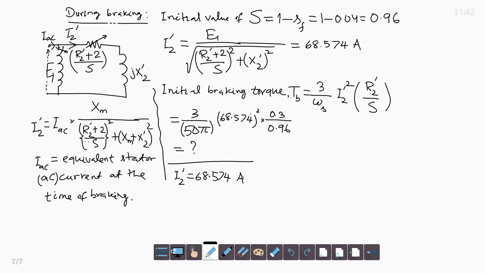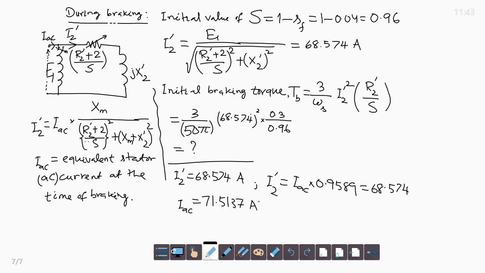So, using this expression you have I2 dash equals to IAC, and compared to this point, this is 0.9589. So, which is now I2 dash is determined, 68.574 ampere. So, from that you determine IAC, equivalent stator current, which is 71.5137 ampere.